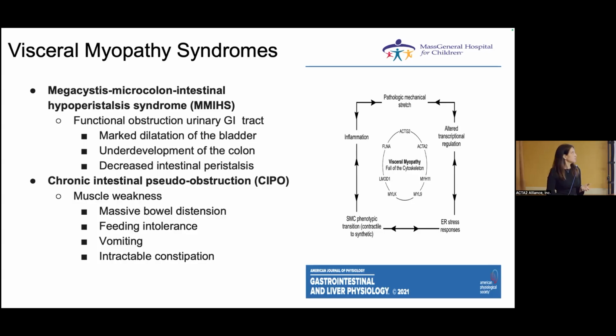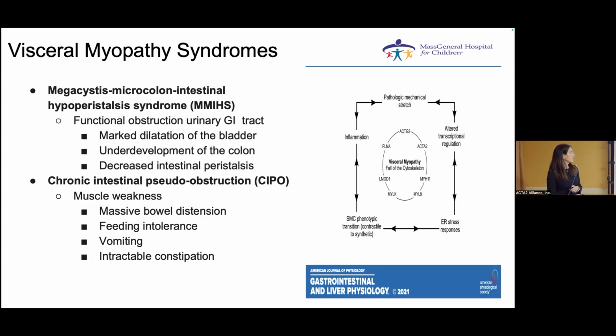So there's no blockage, but it seems like there's a blockage in the GI tract, and it can cause both urinary and GI symptoms. These patients present with a really dilated bladder, their colon can be very small and underdeveloped, and they have very minimal peristalsis. So it's somewhat similar to the presentation that we sometimes see with our MSMDS patients.